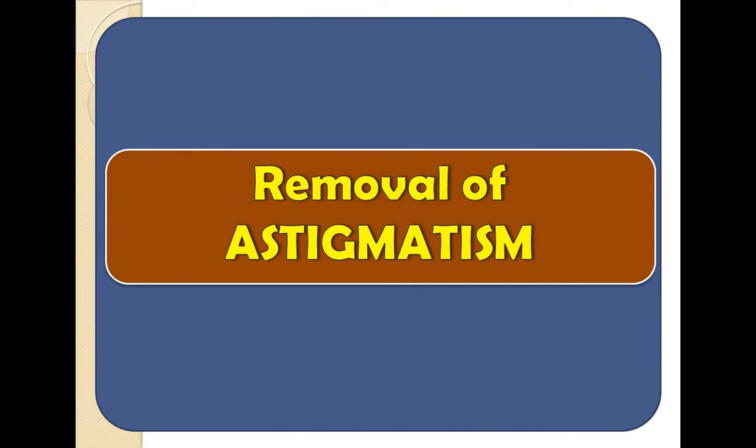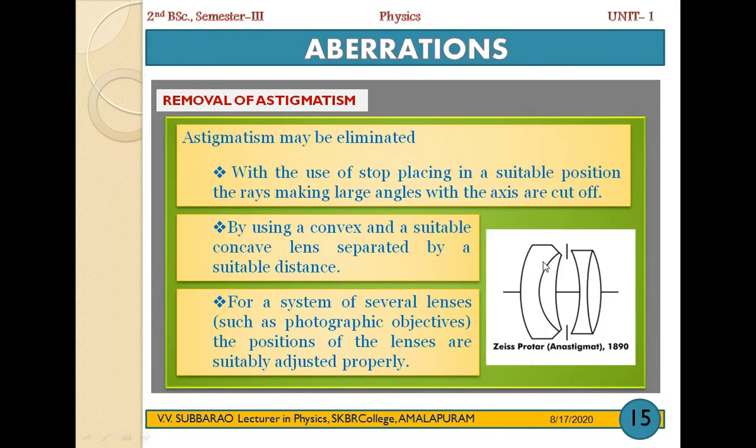For removal of astigmatism, by using stops and cutting off the light rays making larger angles of incidence on the lens, astigmatism can be minimized. In the second method, by using a convex and a suitable concave lens separated suitably, the combination eliminates astigmatism.